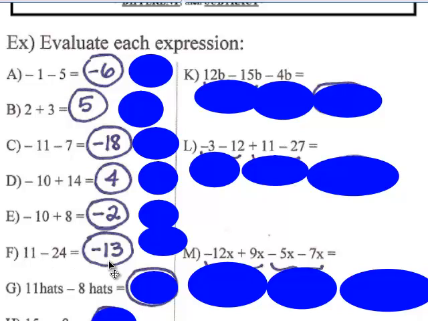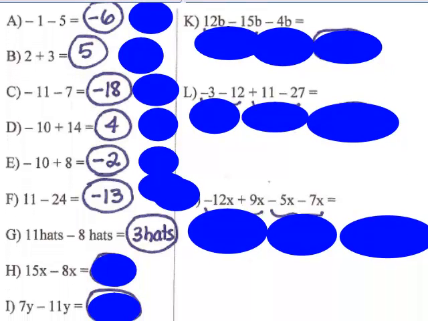Alright, now let's suppose I have 11 hats minus 8 hats. Well, signs are different, so you subtract. 11 minus 8 is 3 hats. Okay, now compare that with, let's say instead of hats I use the letter X. Suppose I have 15x minus 8x.